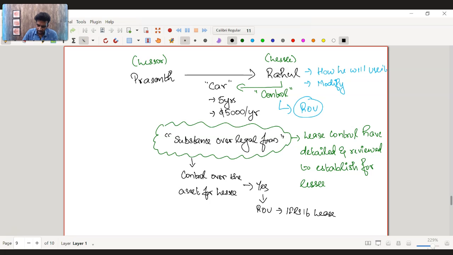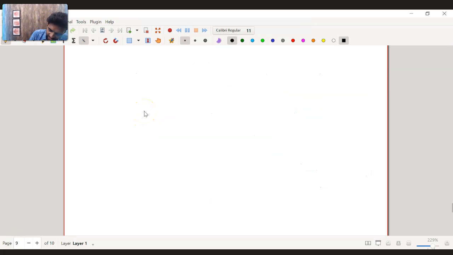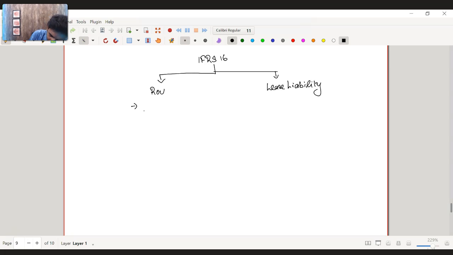Now, as per IFRS 16, if the lessee has control over the asset, then what happens? As I told you, there will be an ROU and a lease liability created. The ROU will include cost.